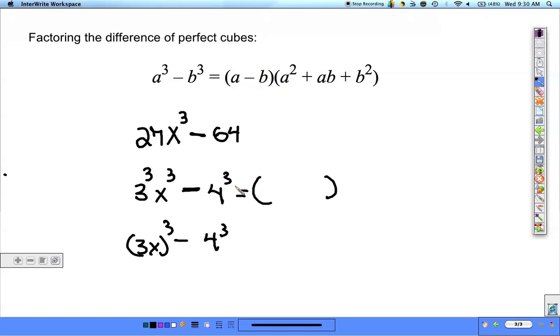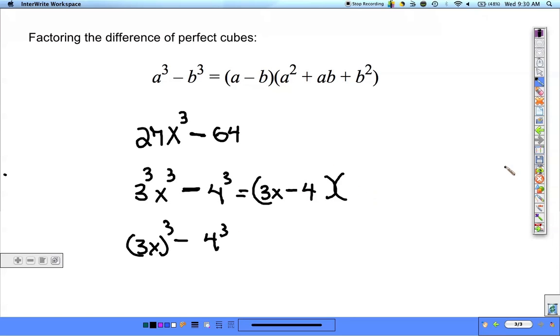Okay, so filling in our parentheses, well, our a term is going to be 3x minus, because we have subtraction in between our perfect cubes, and the base of 64, or the cubed root of 64, is of course 4.